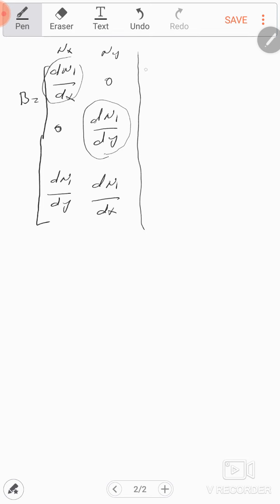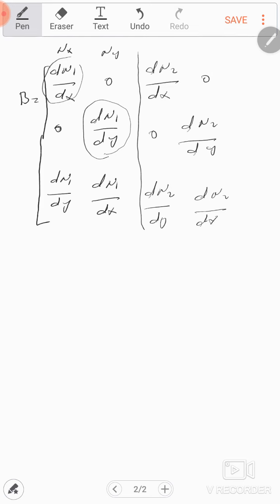For node number 2, we have dn2 over dx, here 0, 0, dn2 over dy, and then dn2 over dy, dn2 over dx. This is for node 1, and this is for node 2.